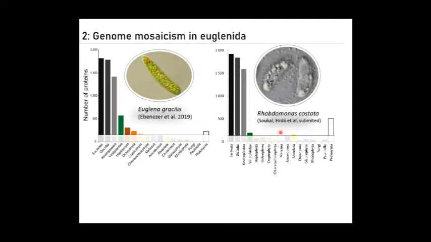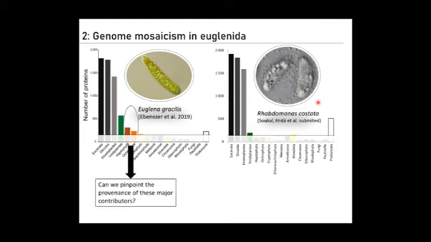In Rhabdomonas costata, we don't see such contribution besides this column of Viridiplantae genes, which may mean who knows what, but generally we think it corresponds to the notion that Rhabdomonas has never had a plastid in its history.